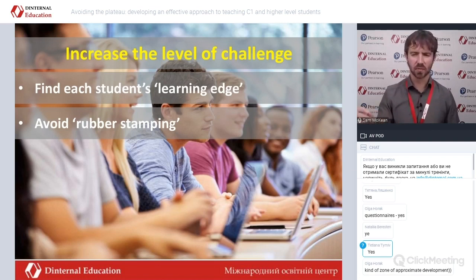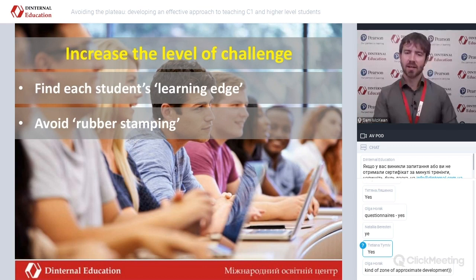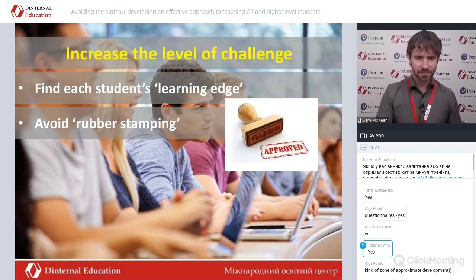So what is rubber stamping? Well, rubber stamping is when a student gives us a correct answer and we immediately say good or correct. So we immediately confirm that their answer was correct, and maybe move on to the next question.